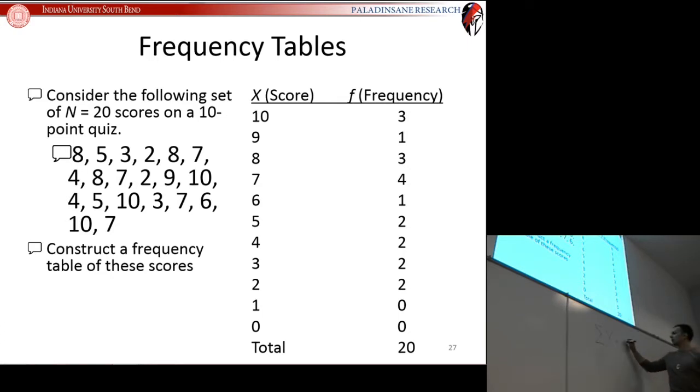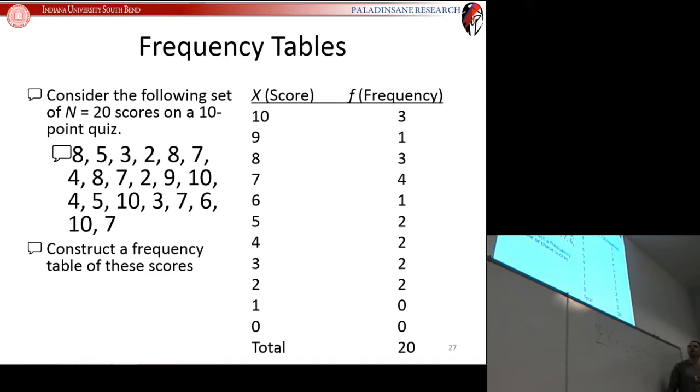All right, so I'm gonna take the 10 plus 9 plus 8 plus 7 plus 6 plus, wrong. That's not what they're asking you. This is the sum of the possible scores, not the sum of the actual scores.